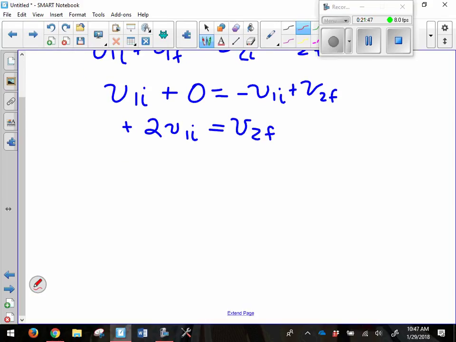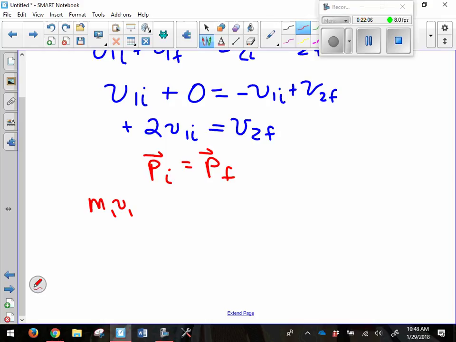Not this problem. So again, I don't want to have to deal with squaring stuff because who wants to deal with squaring stuff? So let's go back to our momentum equation. So the total initial momentum has to be equal to the total final momentum.